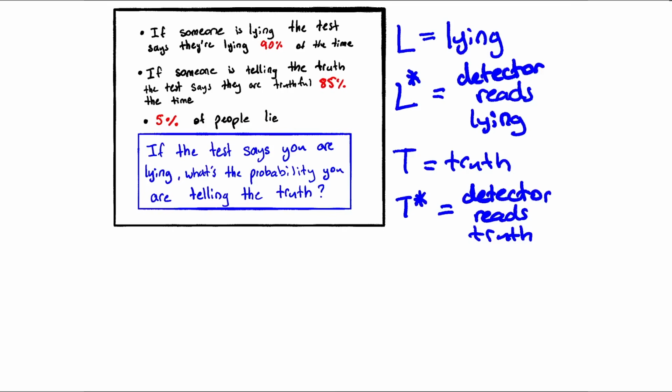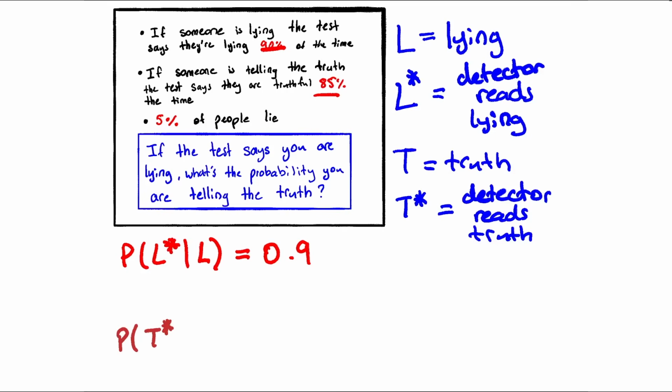Now that we have our 4 events, let's figure out what we can learn from the problem statement. From the problem statement, we know if someone is lying, the test says they're lying 90% of the time. That's the same as the probability that the detector reads lying, given that they are actually lying, equals 90%. Now the second statement, if someone is telling the truth, the test says they are truthful 85% of the time. That's the same as the probability of the detector reading truth given true equals 0.85.